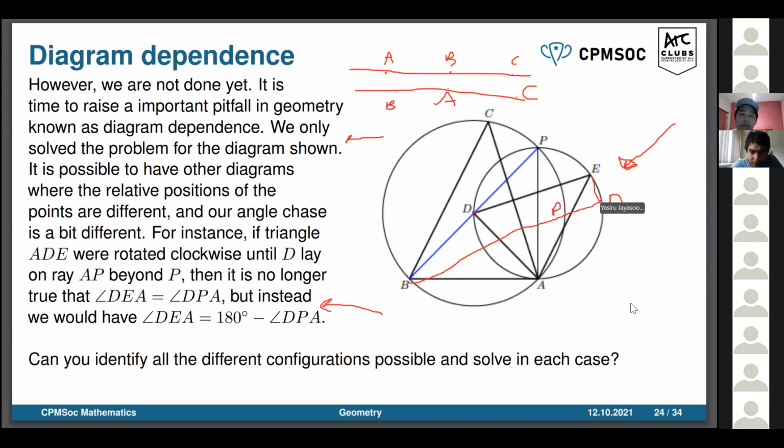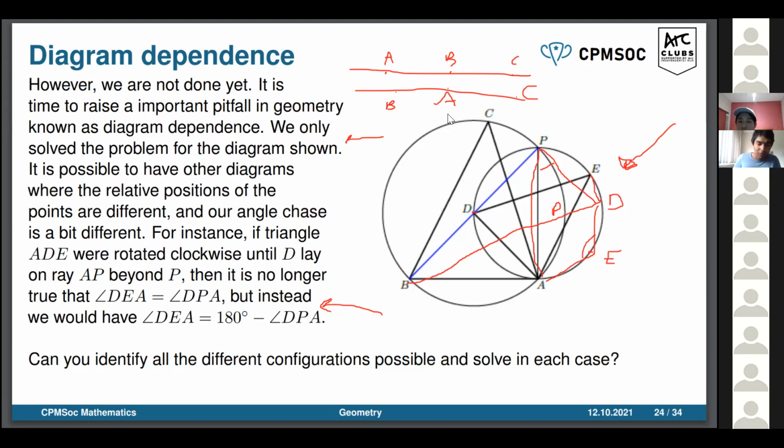so that's B. If E was somewhere here, for instance, then DEA would be 180 minus DPA, because before you had angles subtending the same arc, but now they are just opposite angles of a cyclic quadrilateral, which add up to 180.